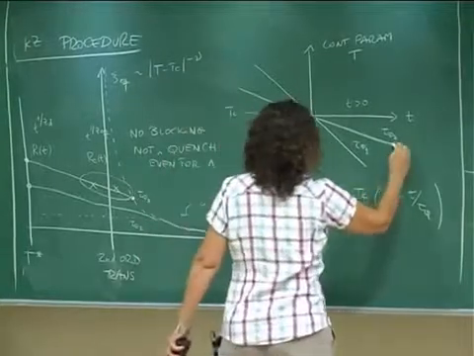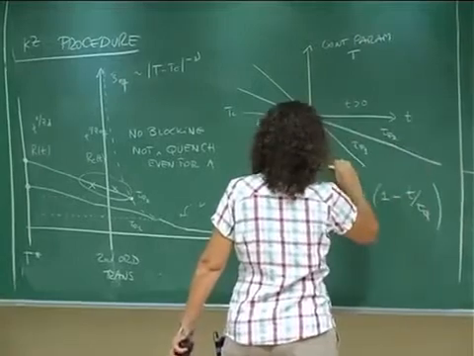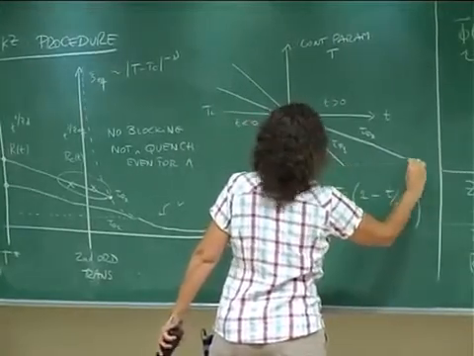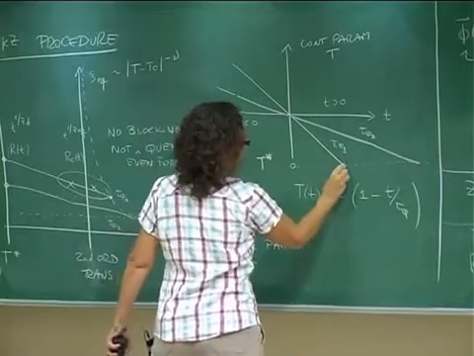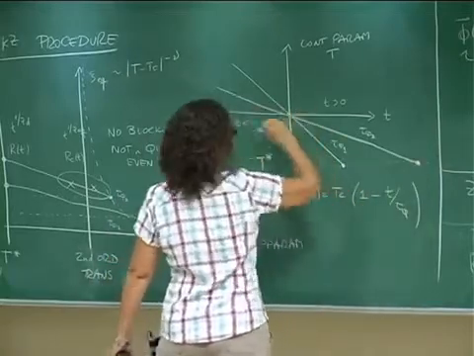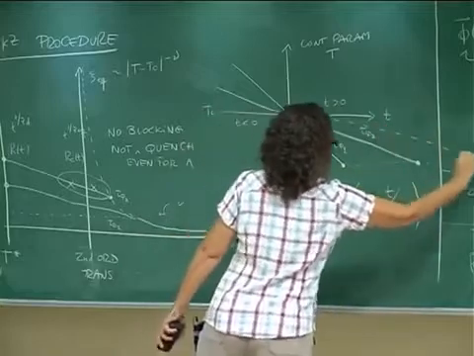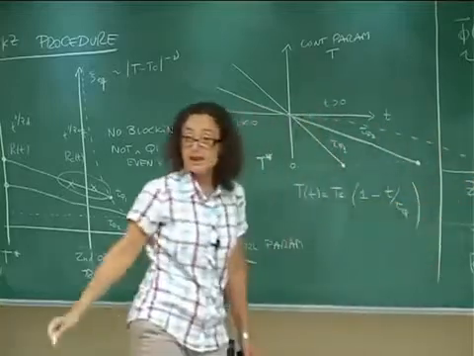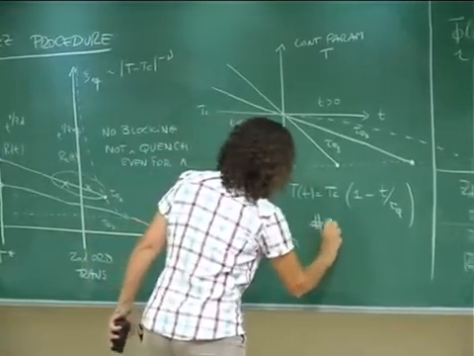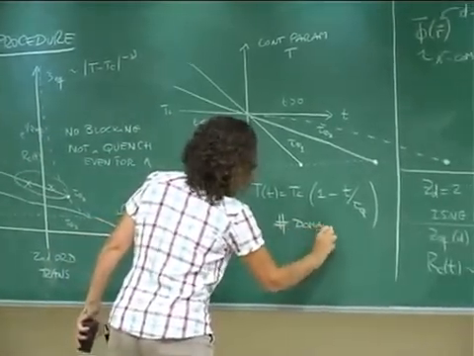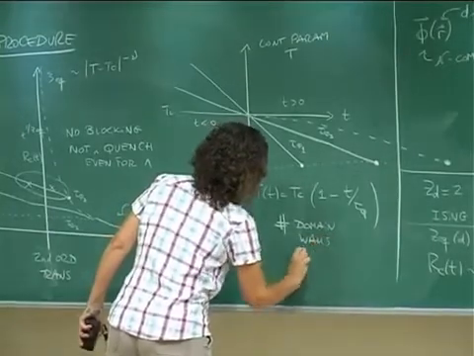Imagine that in my plot I want to measure at some given temperature T star. I want to measure here, I want to measure there, and here for another tau q, and see what is the number of domain walls.